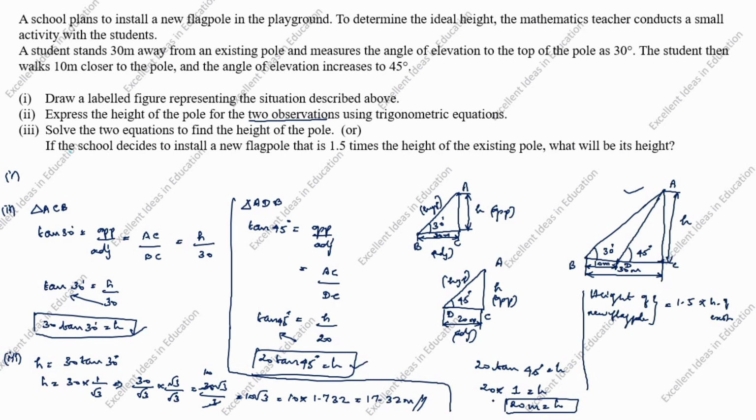We will take the 20-meter height. The 17.32 is a decimal value, no need to take this one, neglect that one. Equal to 1.5 into 20, equal to 30 meters. The height of the new flagpole is 30 meters. This is the answer.